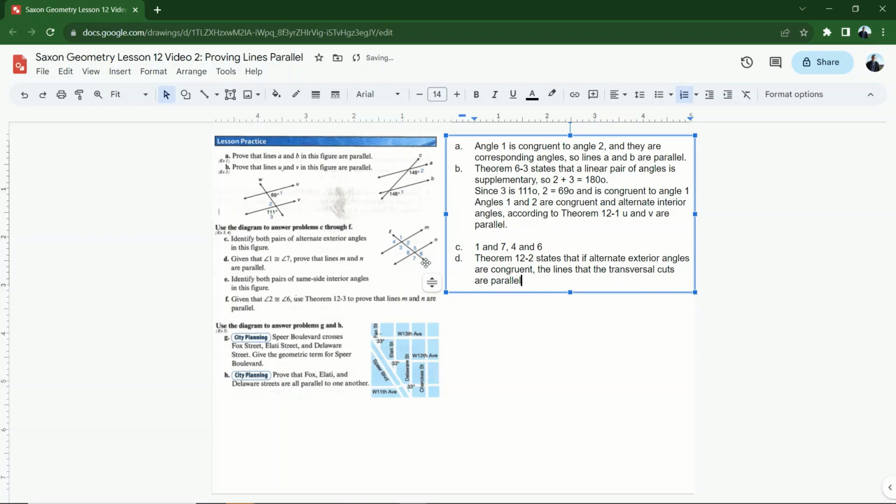Hope I didn't make that mistake anywhere else. Therefore, we have M and N are parallel.